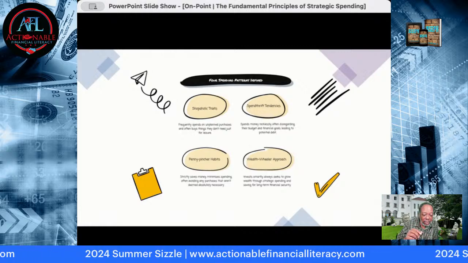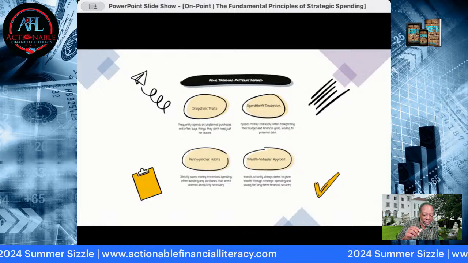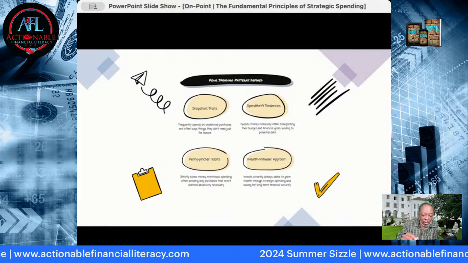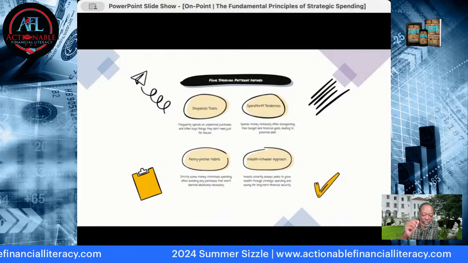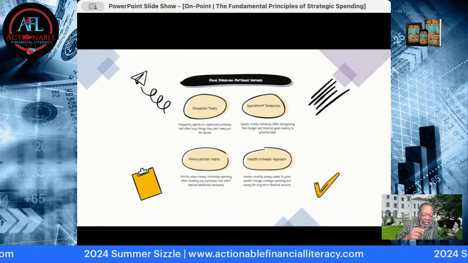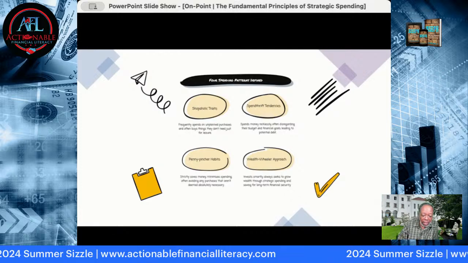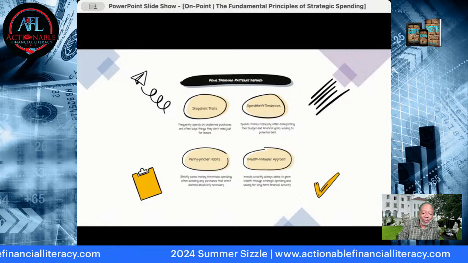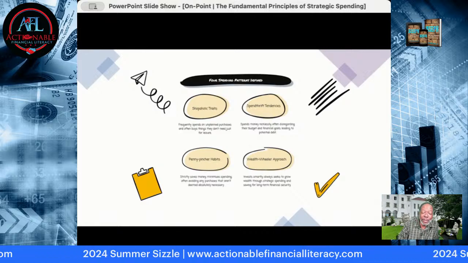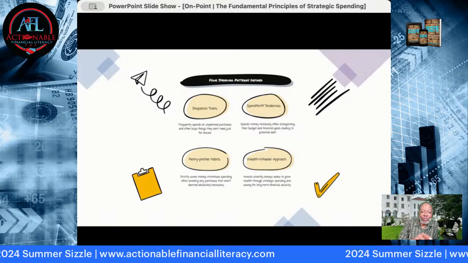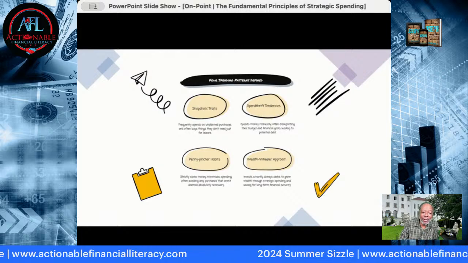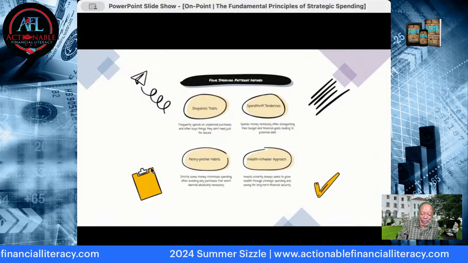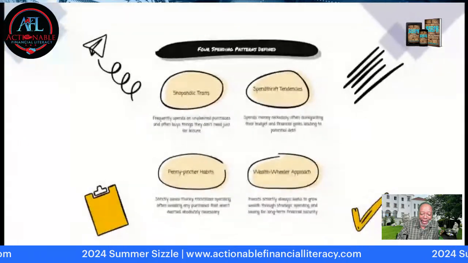You want to look at different traits: spendthrift tendencies, spending habits, and a wealth-building approach. I call them the four spending patterns that you may have. So watch who you are as a spender, and how you are as a spender.